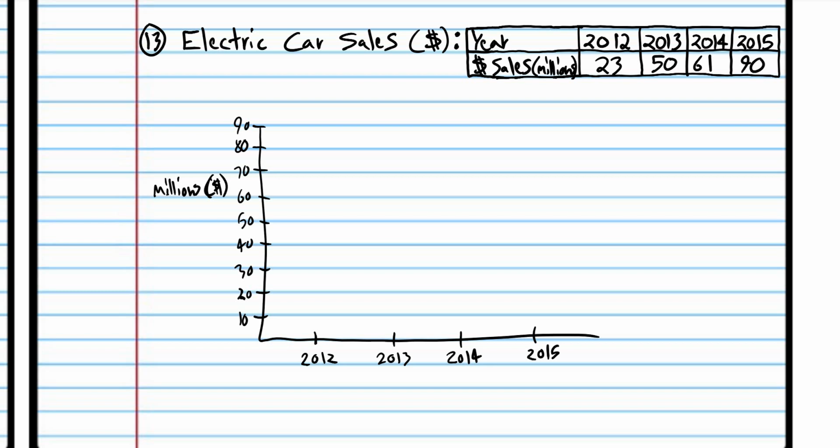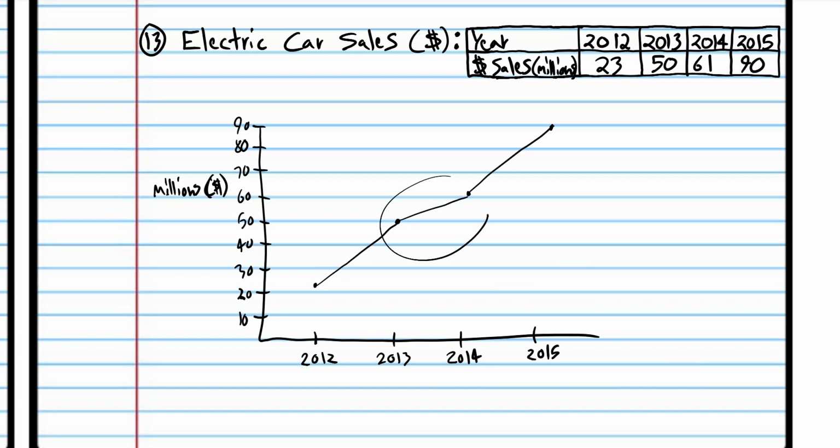All right, so we're going to make a dot for $23 million. And 50 million. 2014 we have 61 million. 2015 we have 90 million. Then you're going to connect the dots. And there you go.